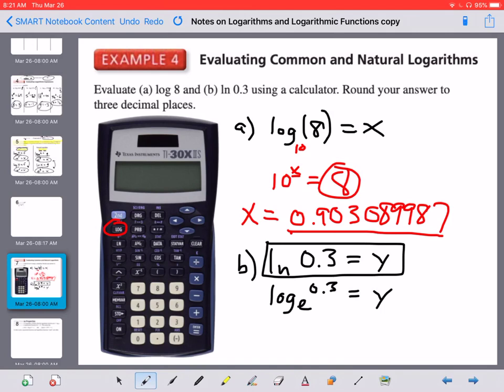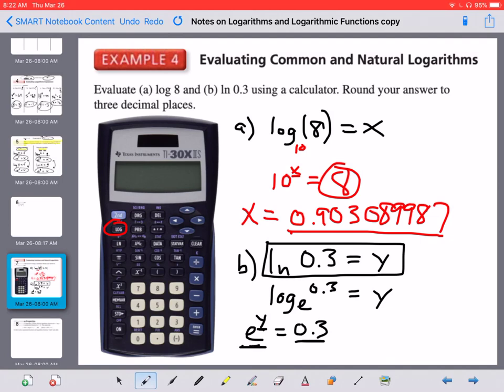And this rewritten in exponential form is e to the y equals 0.3. So basically what we're figuring out is what exponent y is going to give us 0.3 when we raise e to that exponent.